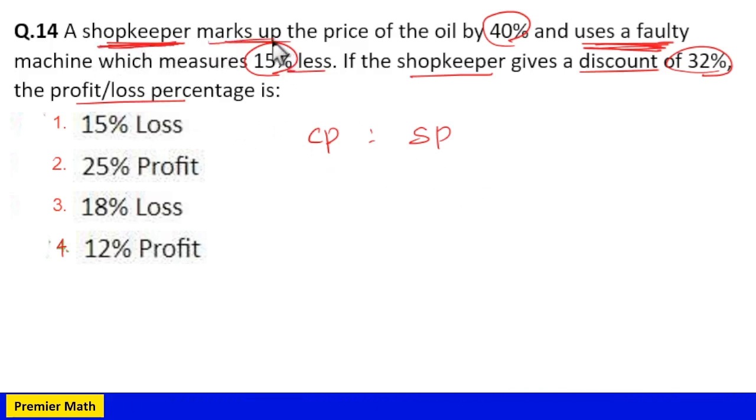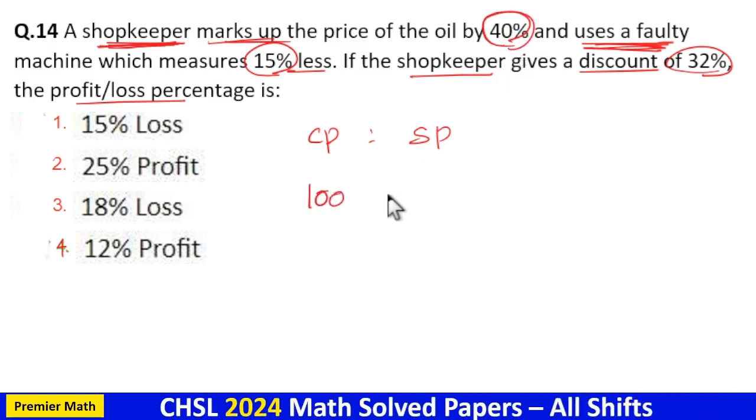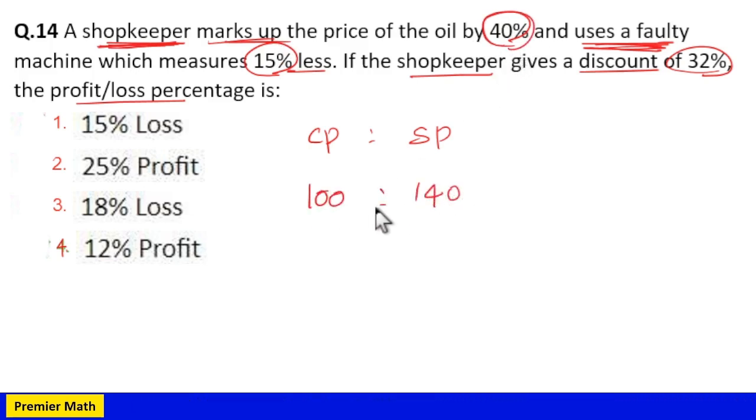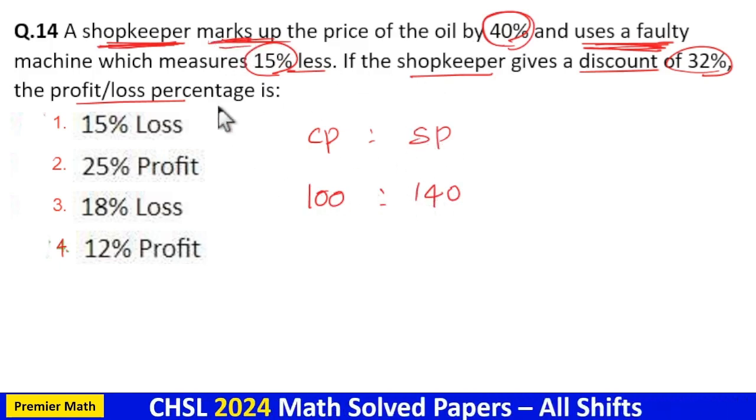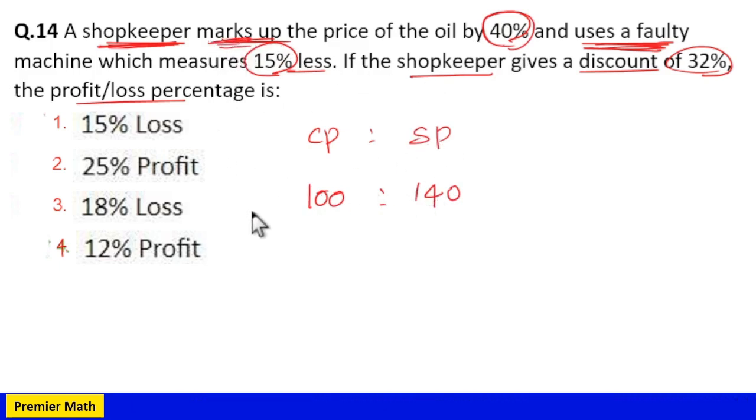Now the shopkeeper marks up the price by 40%, which means if the cost price is 100, he marks it as 140 rupees. Now don't confuse the mark price with the sell price, because this mark price will cancel out at the end. I will show you at the end.